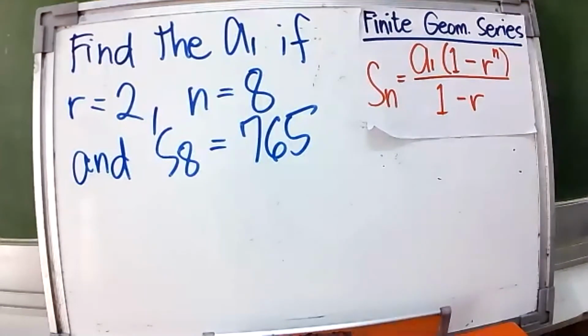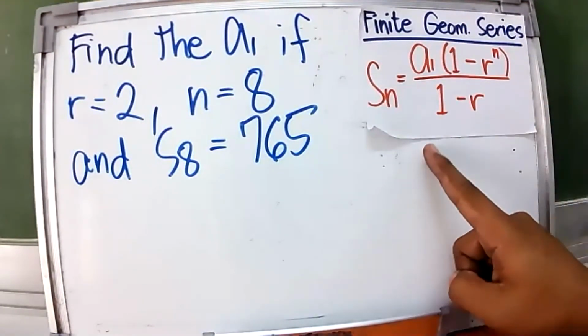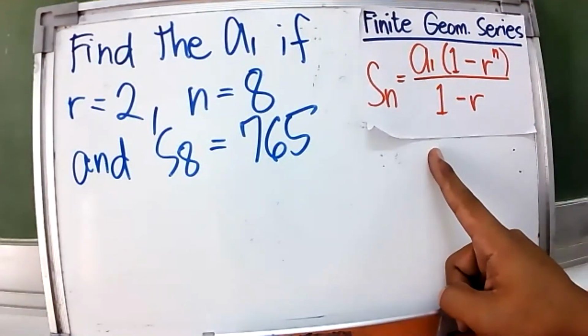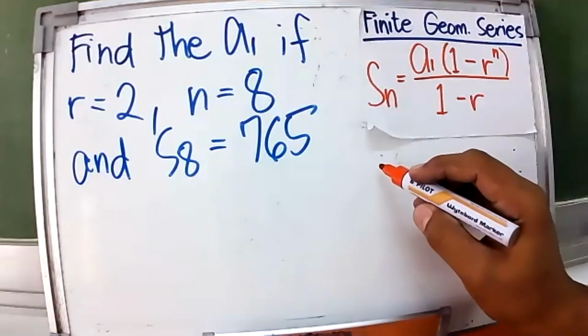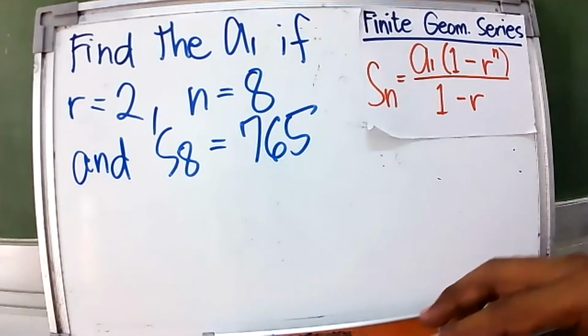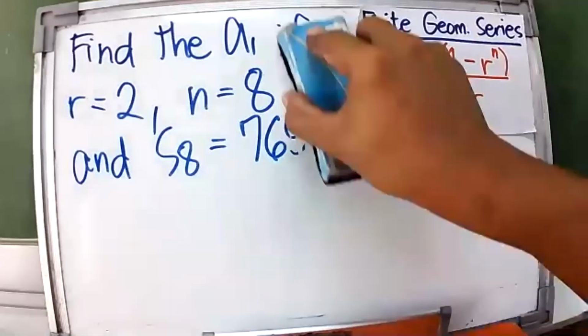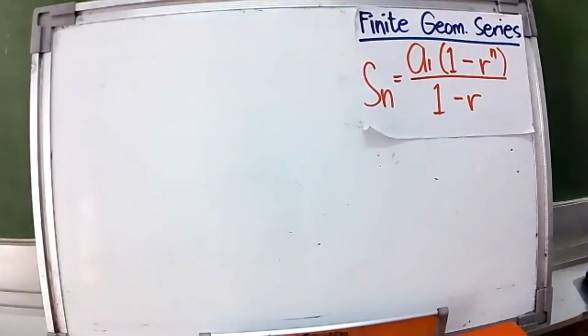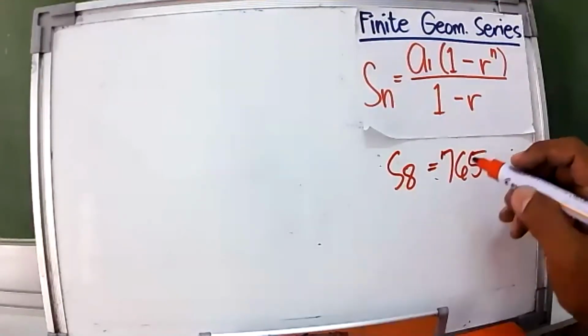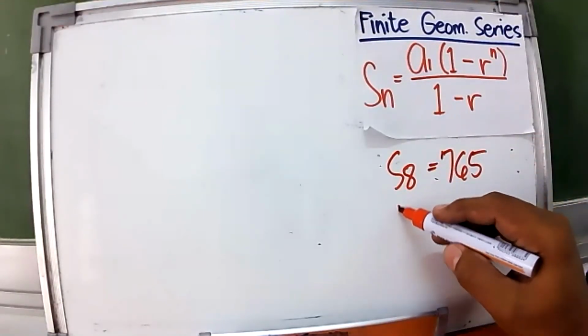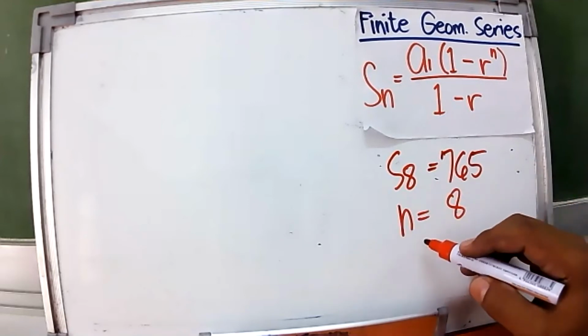Okay. So our equation is, Chanel, go back to your computation. Let me just rewrite the given here. S sub 8 is equal to 765. N is equal to 8.